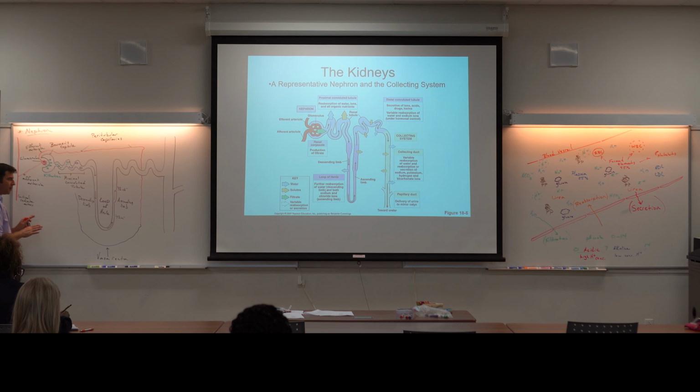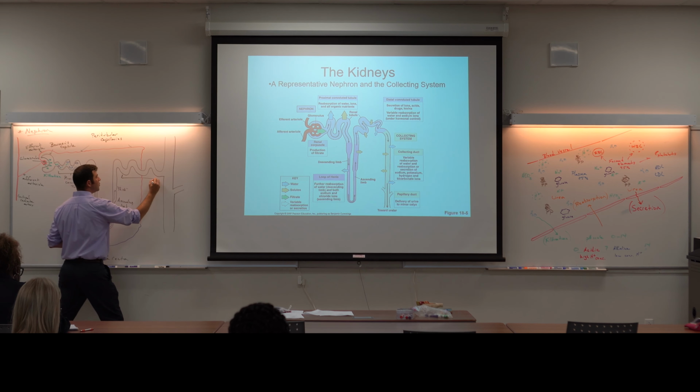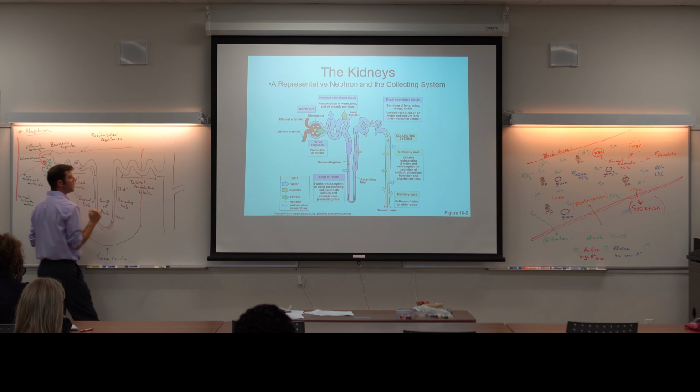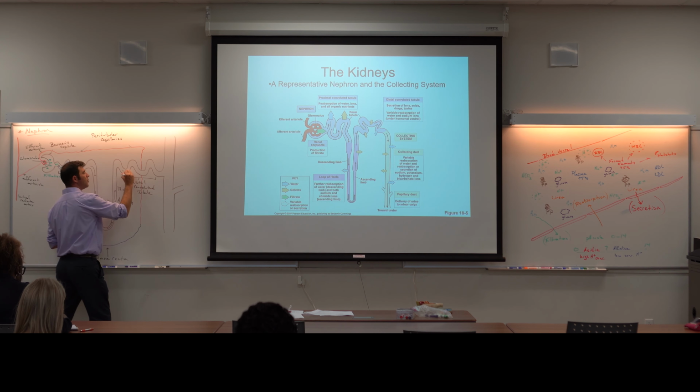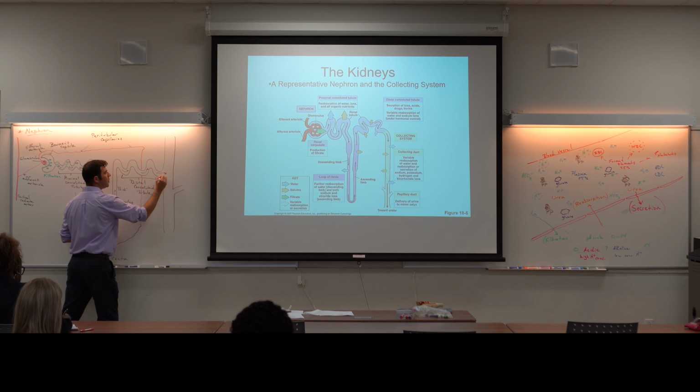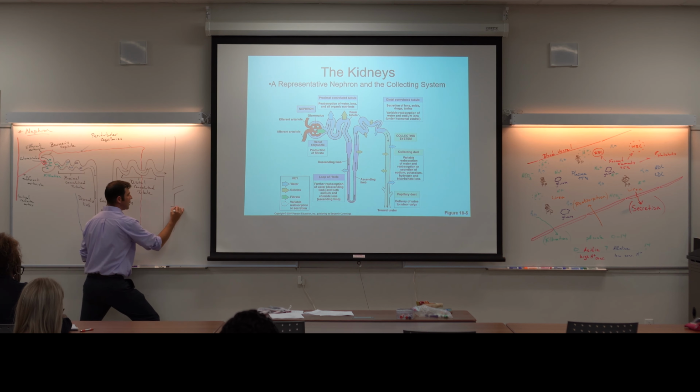I'll say what's happening in both of those in just a second. Let me label the last part, which we can consider the distal convoluted tubule. If we ride through that, we end up in this collecting duct. So I'll just label this thing as a collecting duct.